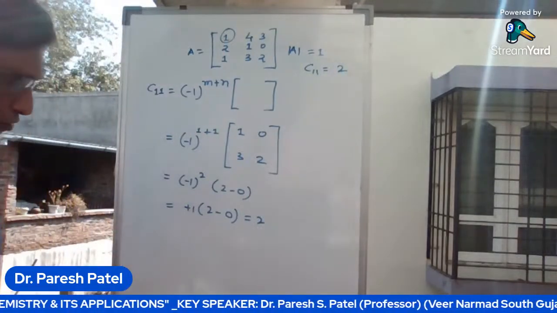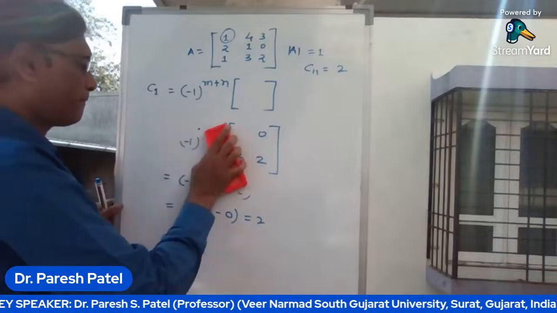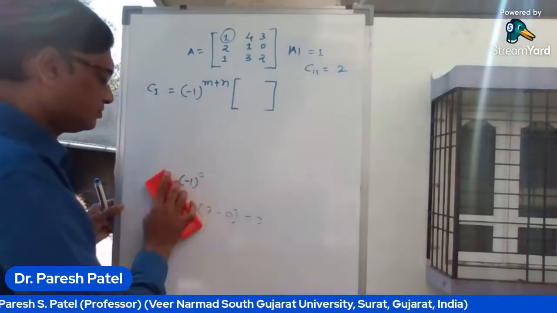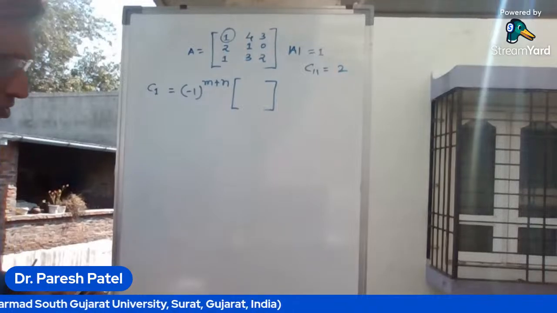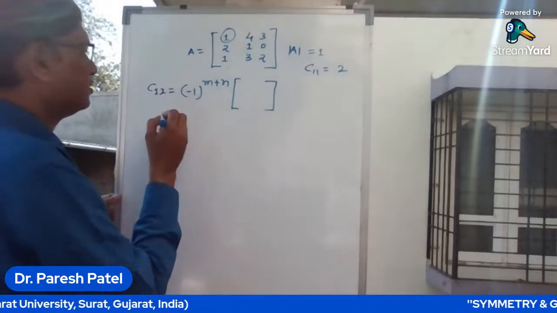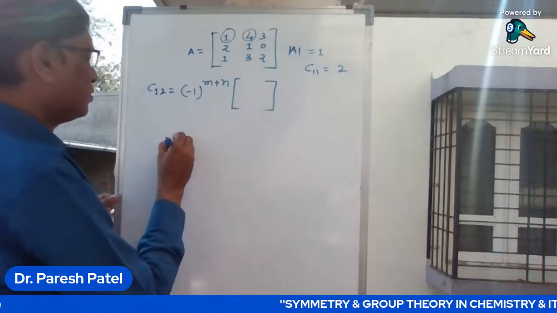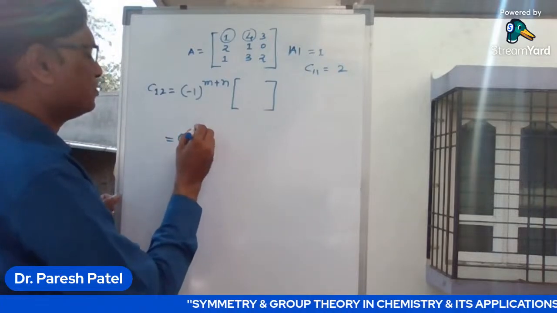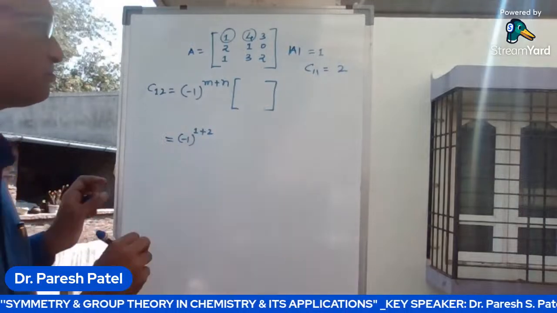Similarly, if we go for C12, this is known as C12, equal to minus 1 raised to first row and second column.